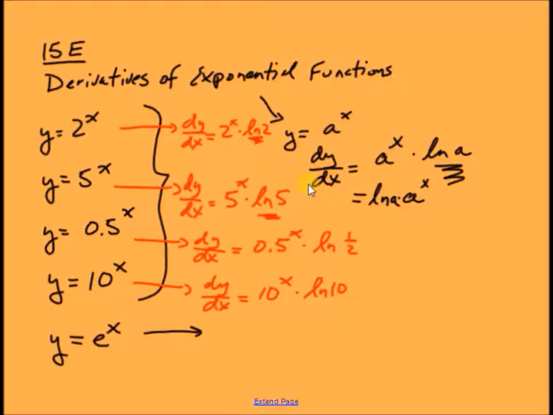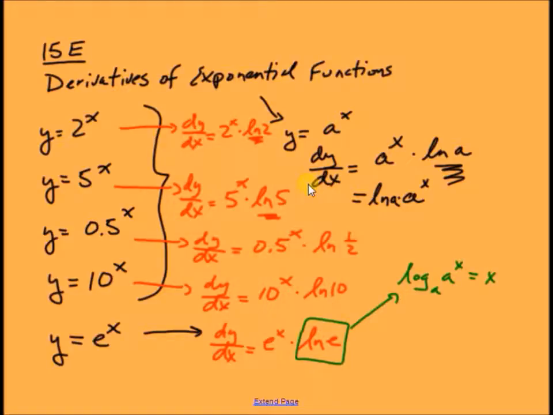Okay, this brings us to the special one, y equals e to the power of x. The derivative then, following this same rule, would be e to the power of x times ln e. But let's think about the number ln e. Okay, using that little trick we talked about last year, log base a of a to the power of x equals x.